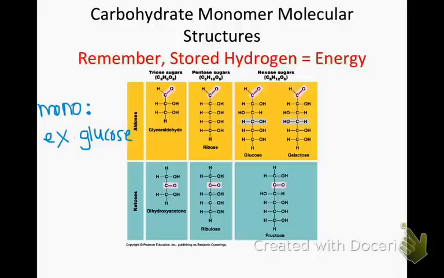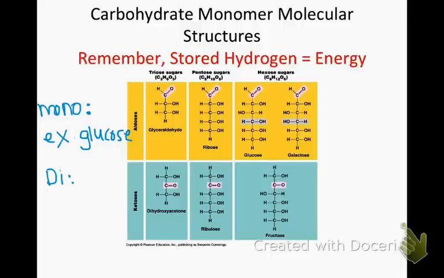Let's look at disaccharides. Remember, what does the prefix di mean? What number? Very nice, two. That would mean you form a disaccharide whenever you highlight this: two monosaccharides are linked together by a covalent bond.